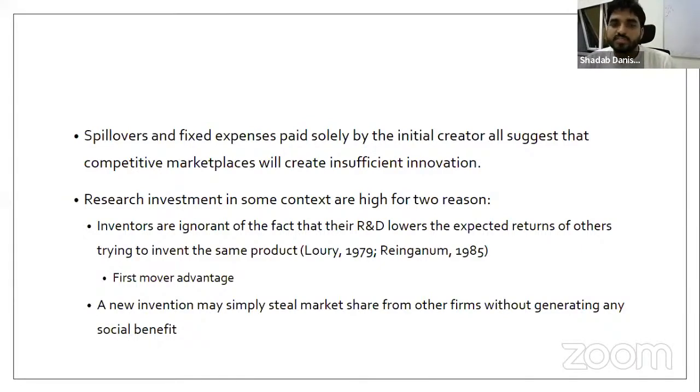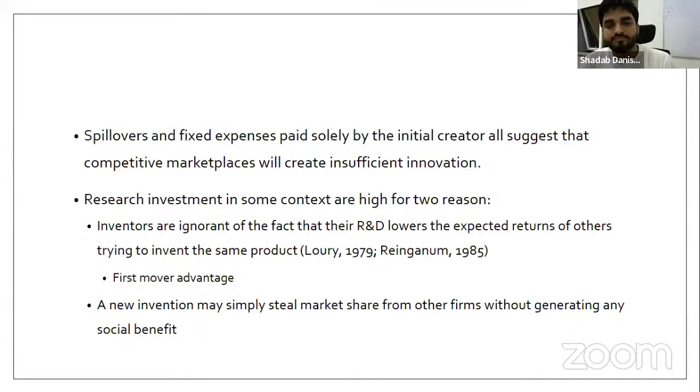So research investment in some contexts is high for two reasons. If that is so, why is the research investment happening? The one reason is that the inventors are ignorant. They do not know that R&D lowers the expected return of others. So if somebody who is doing R&D right now stops, it makes it irrelevant to others' innovation.